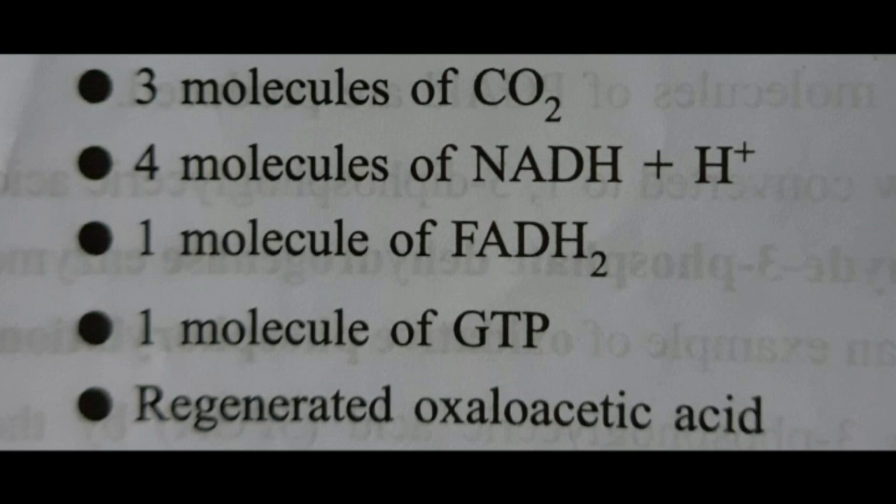Whatever carbohydrate type of food we are having, after glycolysis it goes through this Krebs cycle, otherwise energy cannot be produced. After this it will go to the electron transport chain: the FADH2 and NADH that you can see will all run to the electron transport chain for the further reactions.